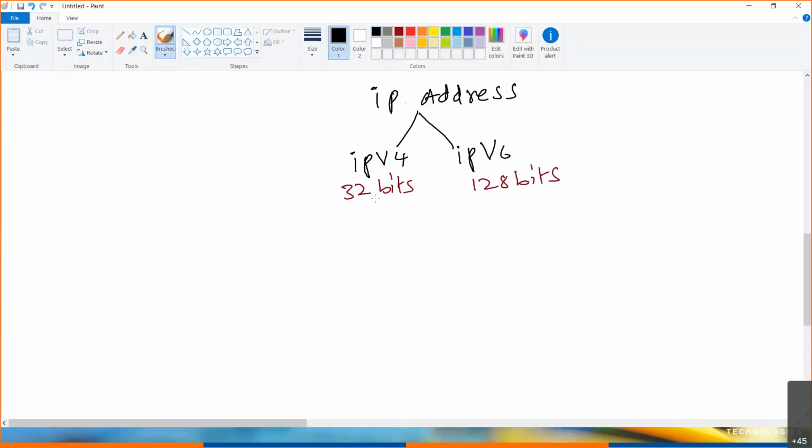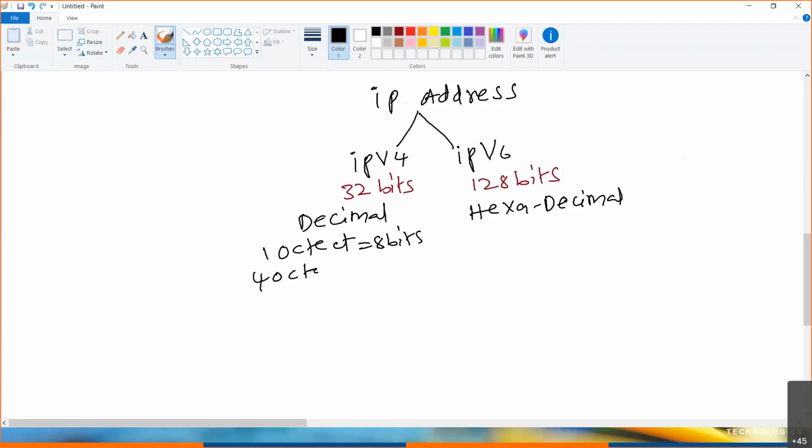Well, 32 bits are divided into octet format in decimal language, right? IPv6 is in hexadecimal format. All 32 bits are divided into octets. One octet is equal to 8 bits, right? Like 4 octets equal to 32 bits.